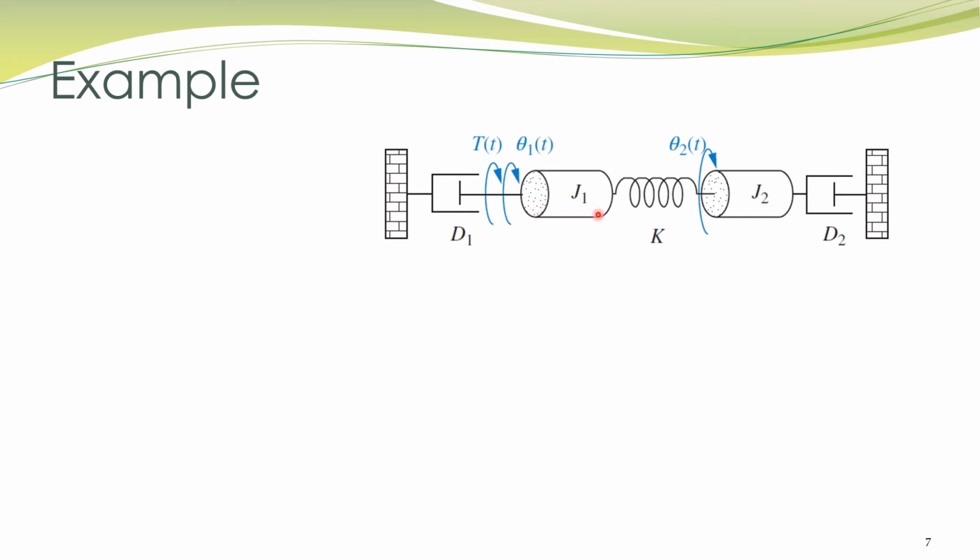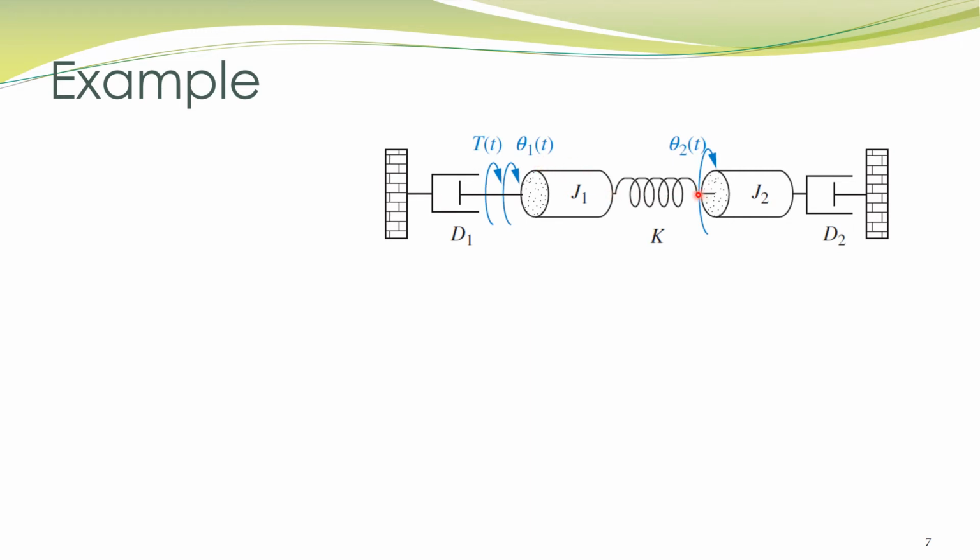Again, this element is a rigid element, that is, this end of this element has the same angular displacement as this end, so the angular displacement of this end and this end is the same, which is theta 1 of t. For the spring, this end has displacement theta 1 of t.